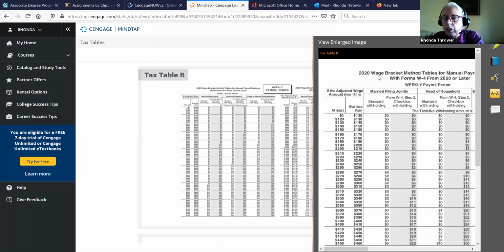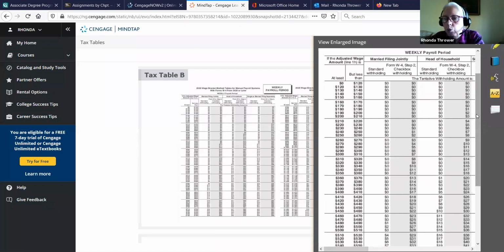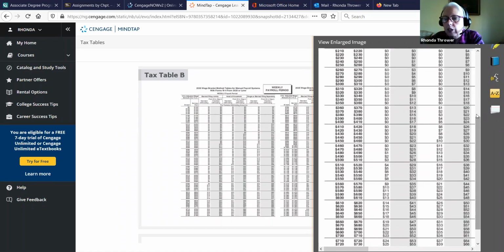So you can see here that you're using the wage bracket method, that these are the wages. And you'll remember in this problem, when we added our wages and our tips together, it gave us 1,060. So this column just goes to $750 or $760 in total wages.